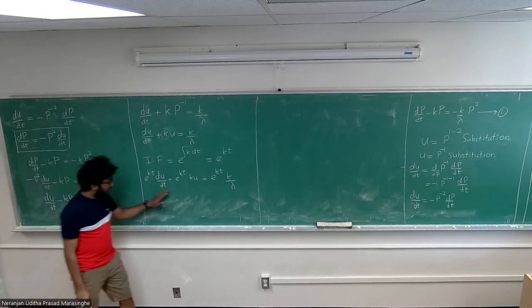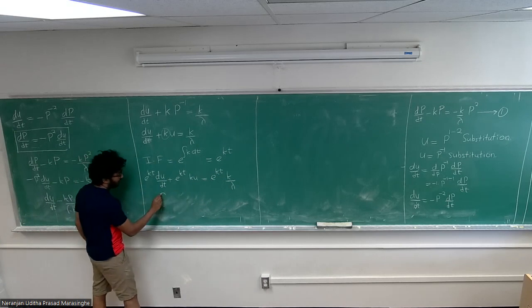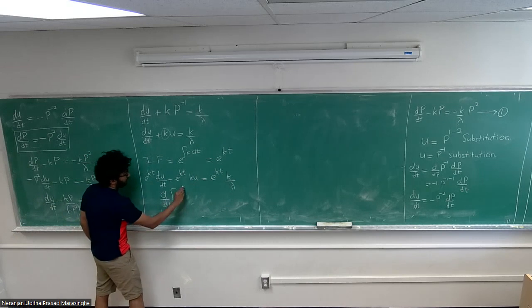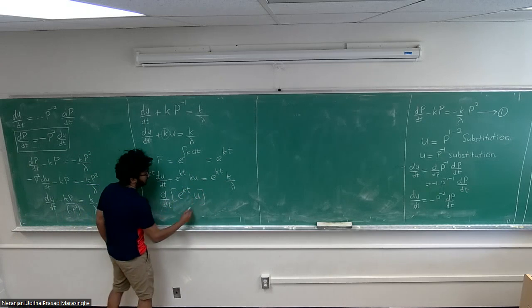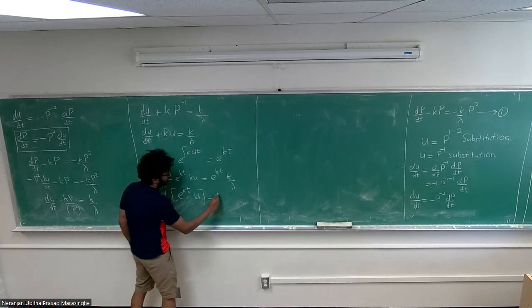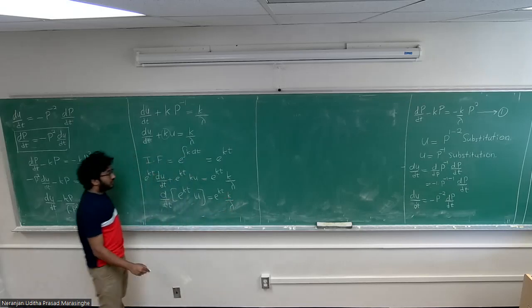Then I'm using the usual trick. The summation is going to be the derivative of the integration factor times the dependent variable, that is u, equal to e to the kt times k divided by lambda. Okay.